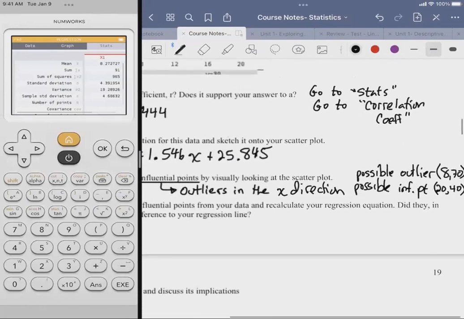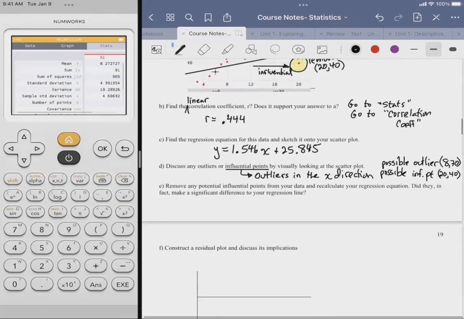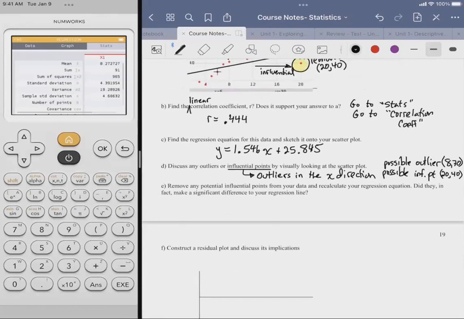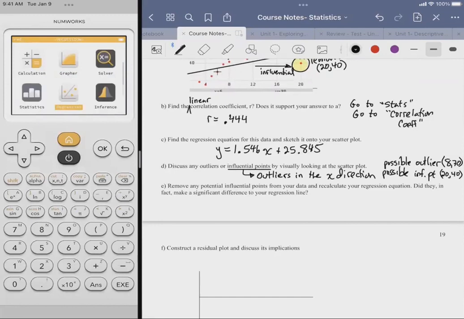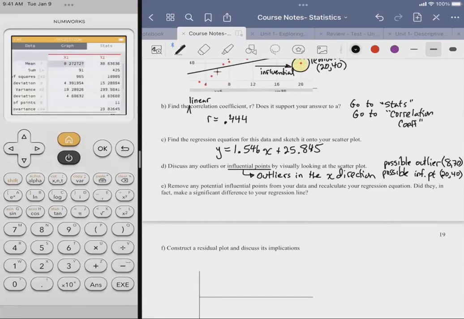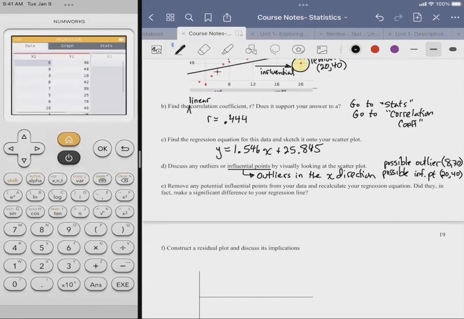All right. So the way we determine if it actually is an influential point is by removing it from the data set and then recomputing to see if there was a substantial change in the linear regression equation. So I go up to my data, and I can do this one of 2 ways.